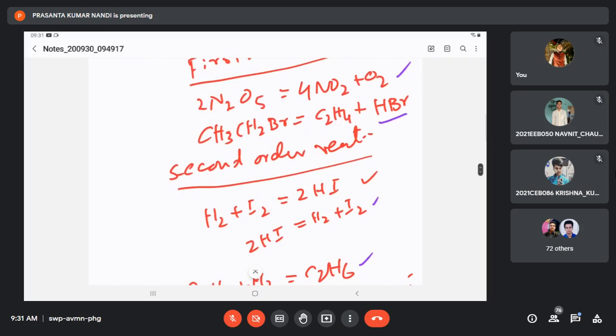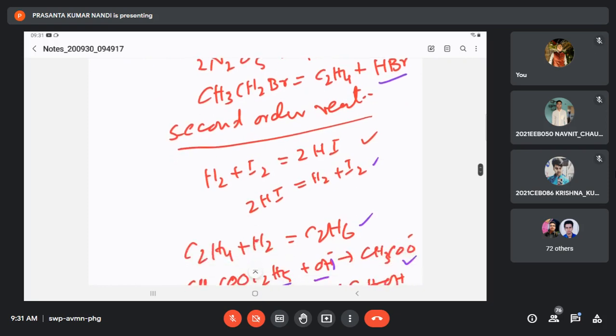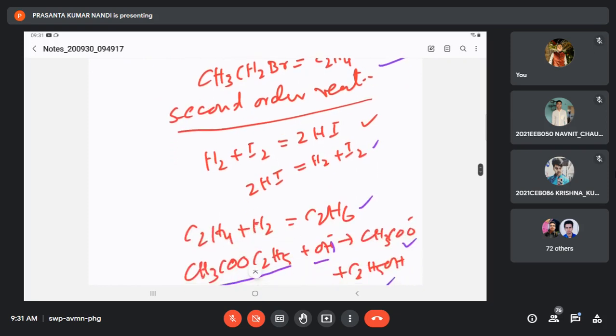Now second order reactions, typical examples that I can give you, say formation of hydrogen iodide in the gas phase from hydrogen and iodine, right? So these reactions should be carried out in the gaseous state. So formation of HI from its constituent elements.